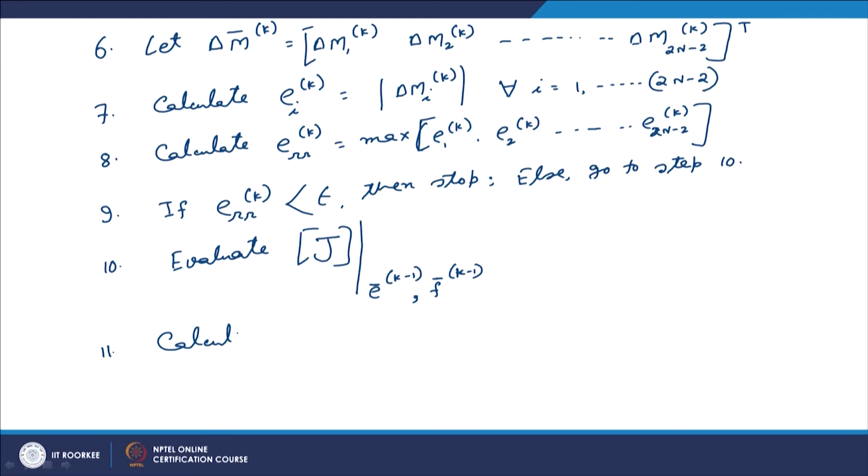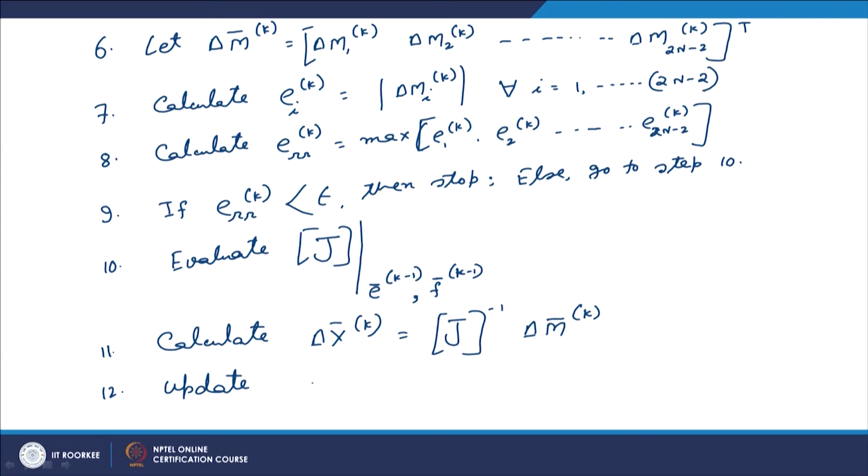Calculate delta x vector k as J inverse into delta m k, then update as x k is equal to x k minus 1 plus delta x k, and go to step 2.